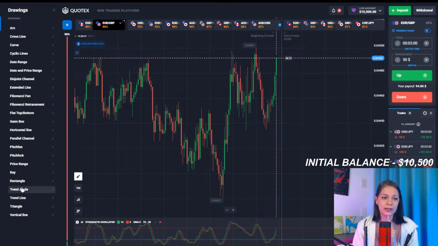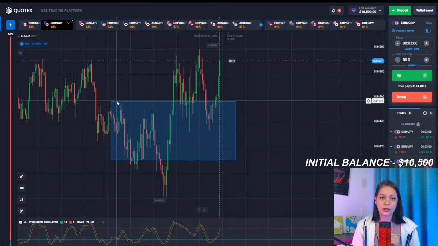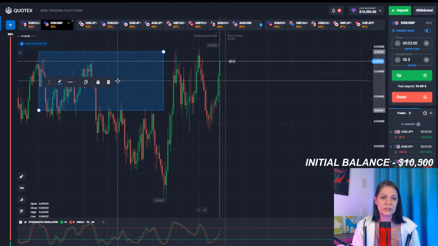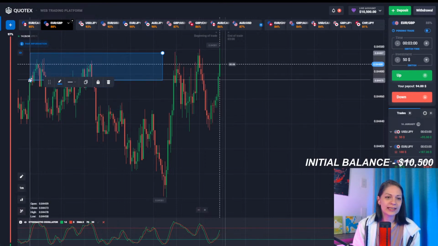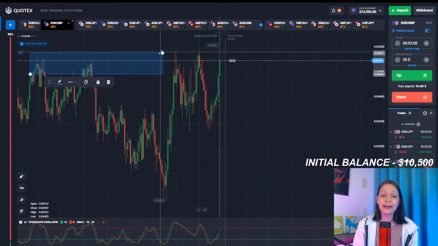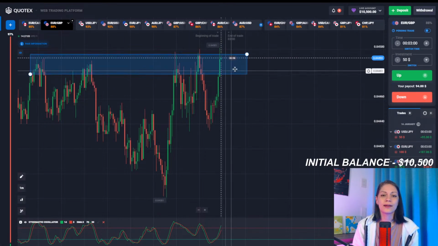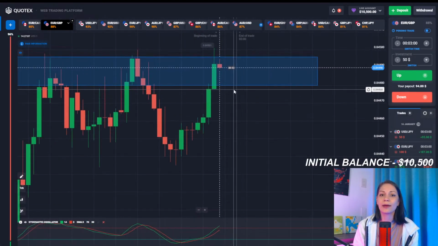I'm gonna try to give you a visual right here of this zone, and of course we will try to work with it. We will probably get an entry point if the price reacts correctly, because if the price is at this level, it doesn't mean that it's definitely going to react the way I want it to.